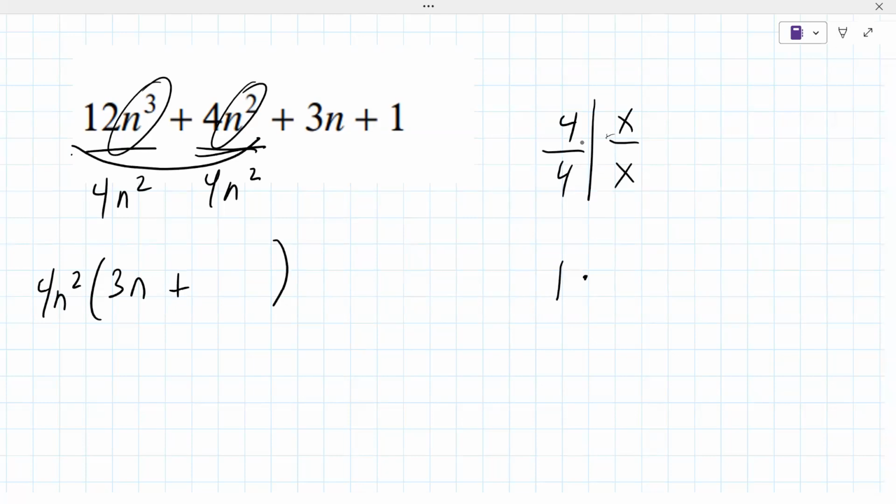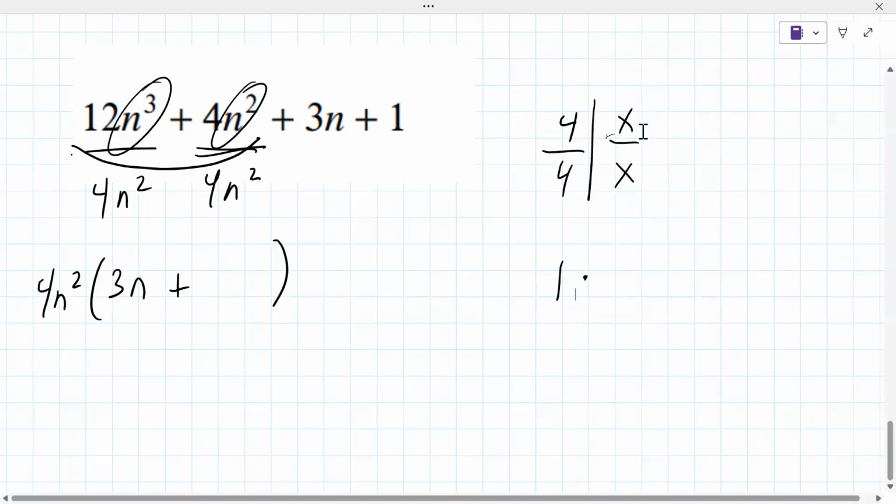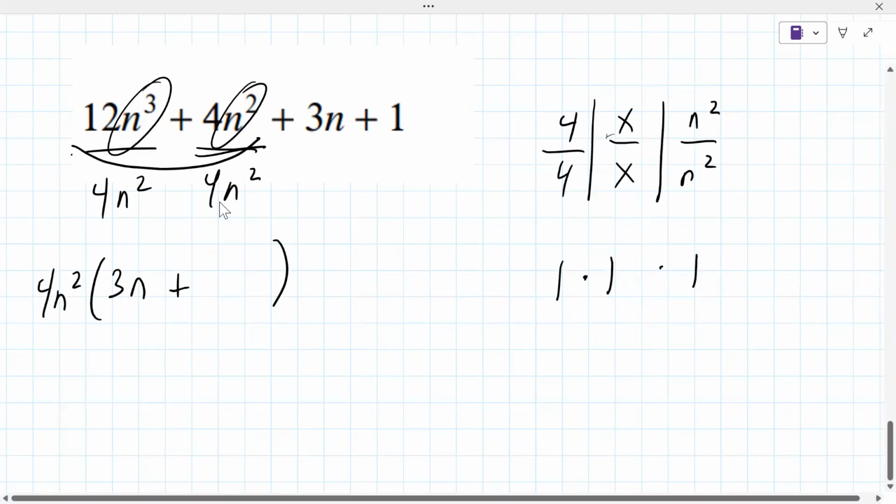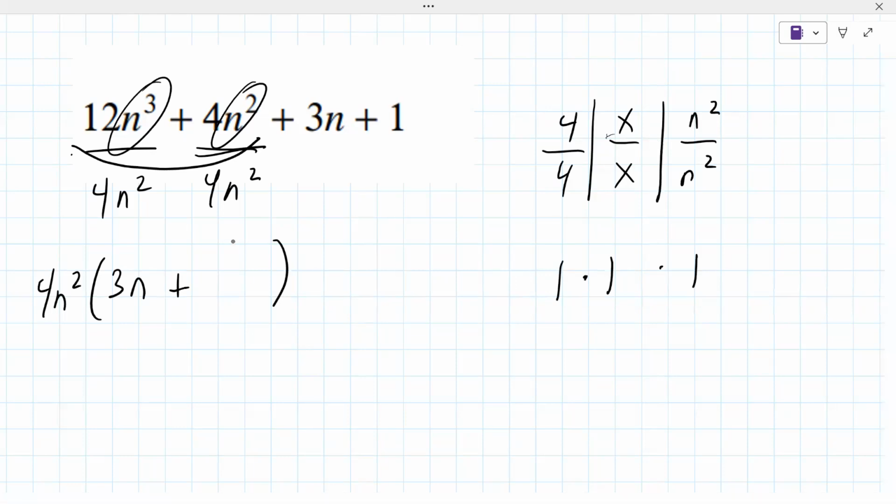It's the same on the top and the bottom, so it's 1. What is n squared divided by n squared? 1. If it's the same, it's 1. What is 4n squared over 4n squared? 1.